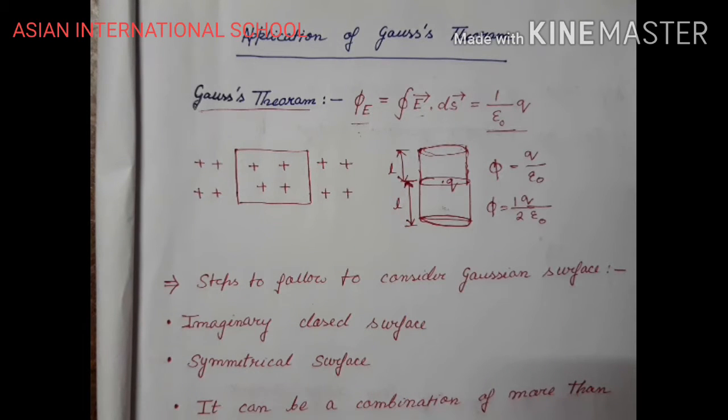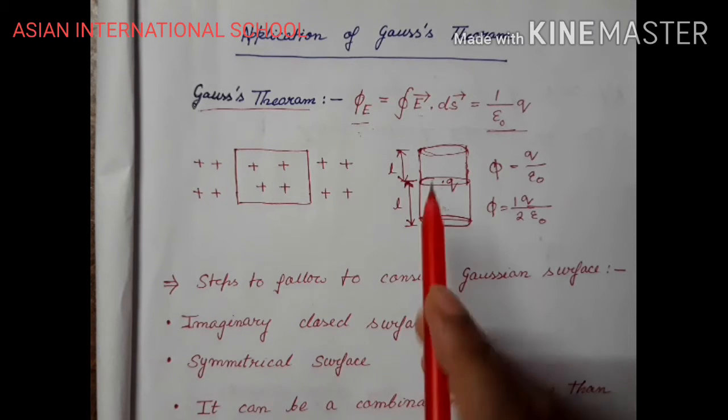Now, this Gauss theorem is applicable everywhere, but it is not useful everywhere. That means while choosing a Gaussian surface, we need to be careful. We need to make a wise decision. We need to choose a Gaussian surface in such a way that it will be useful to us.